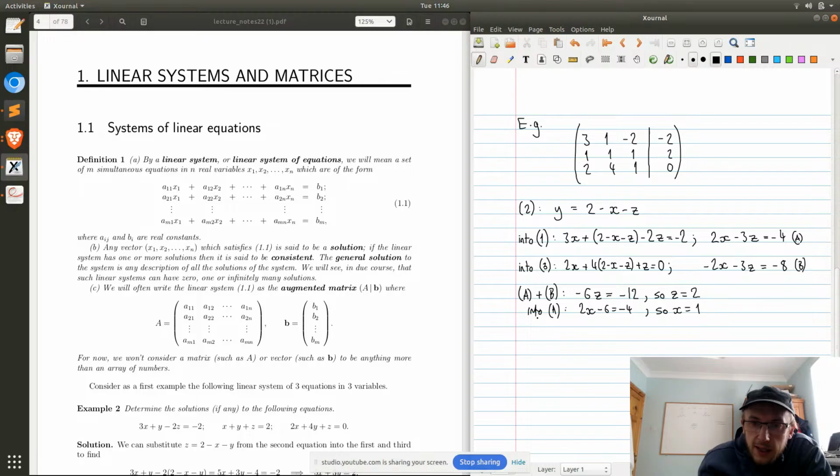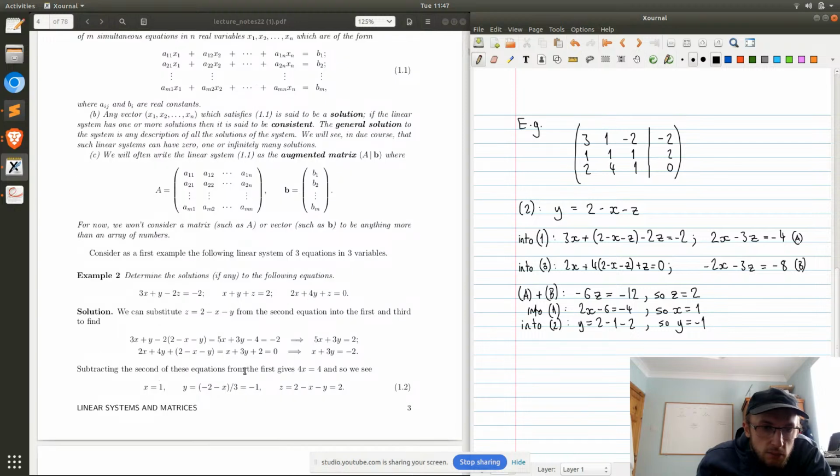Now that you've established that, you can put both of those, the z and the x, into this rearrangement of equation 2 to obtain what y is. So y is equal to 2 minus 1 minus 2. So y is equal to minus 1, or so I believe.